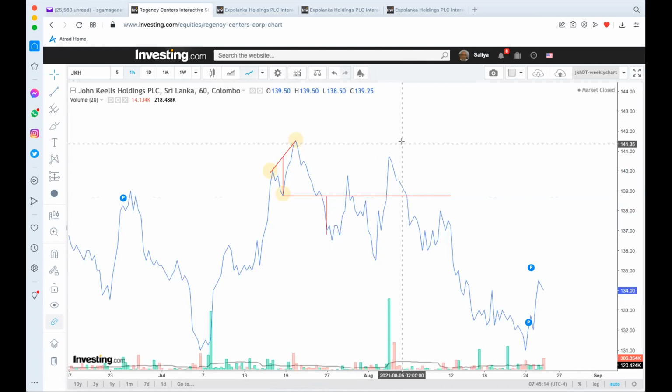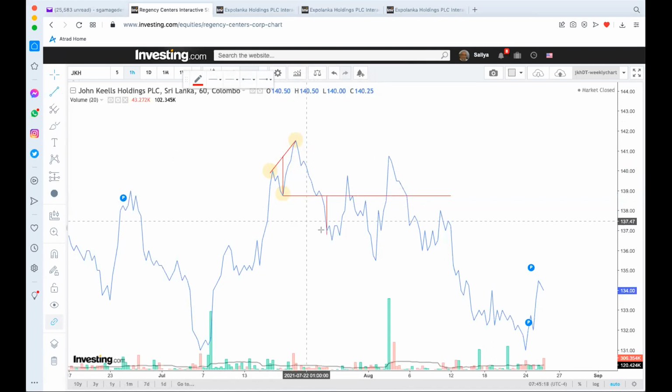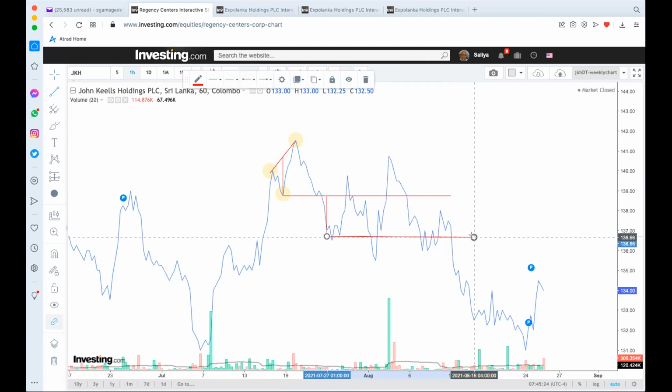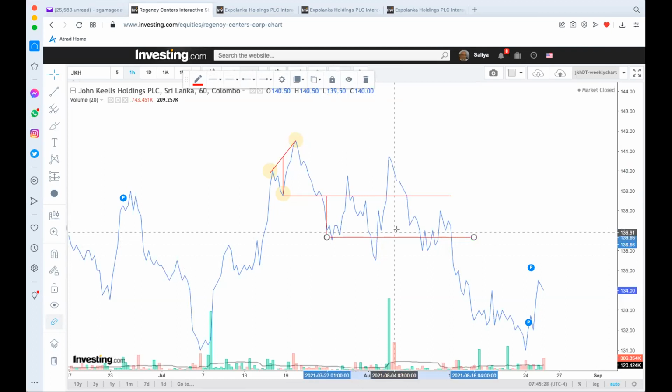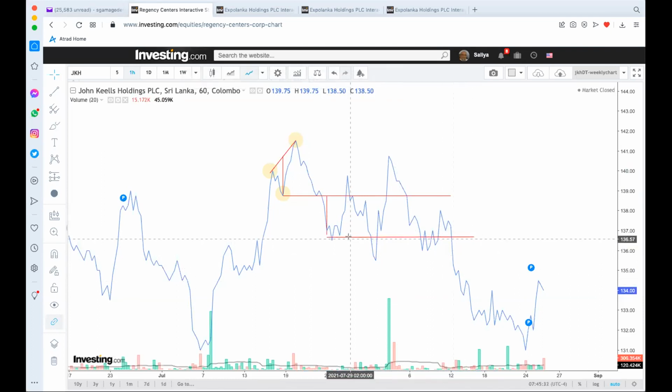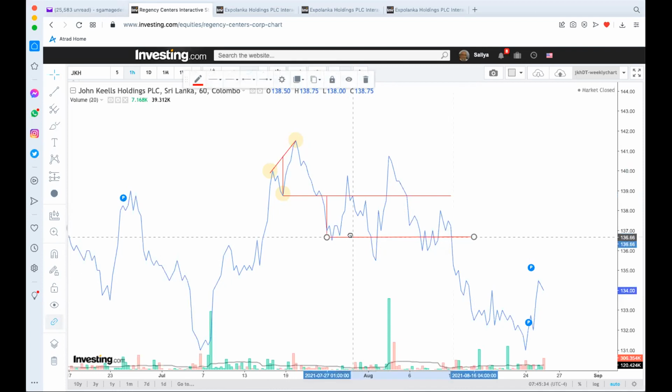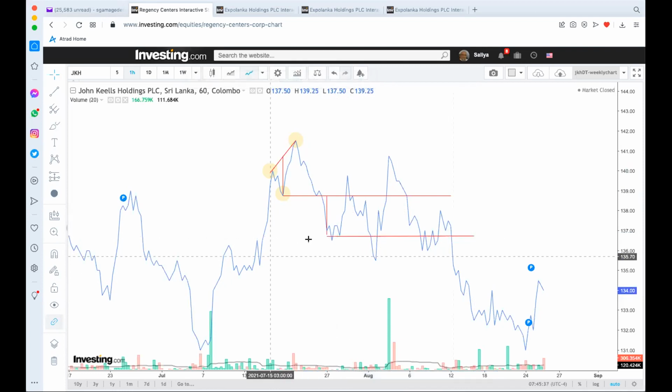So basically, these are charts of short time frames, and you can see that those are hit more frequently in hours compared to the weekly charts, right? $130, $136.80.